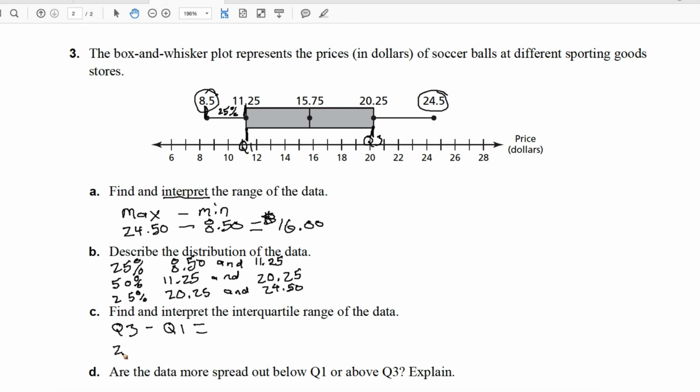That would be 20.25 minus 11.25. So the interquartile range is 9. And what does that 9 mean? It means the middle half of the prices don't vary by more than $9.